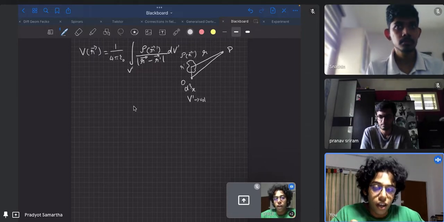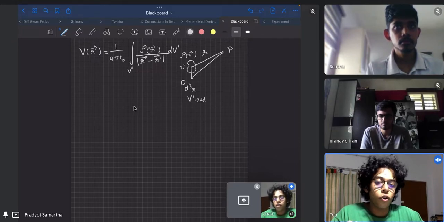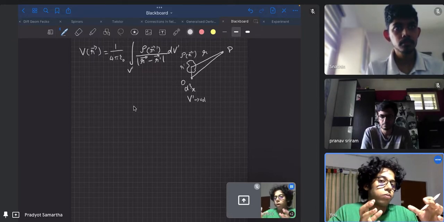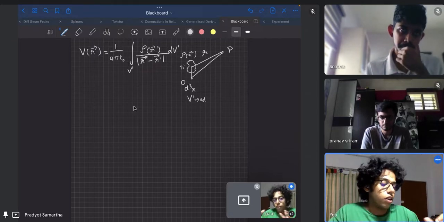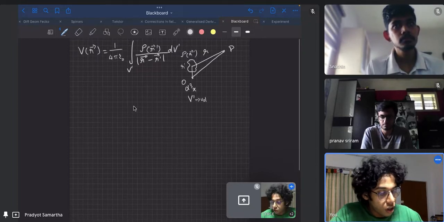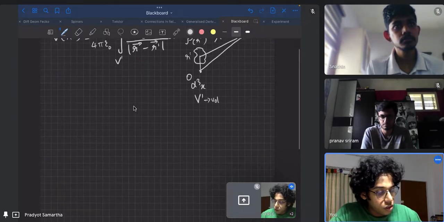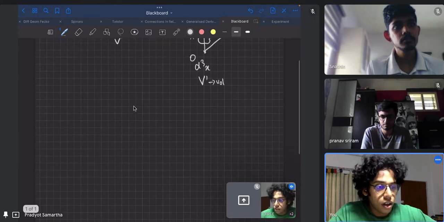As we expand the denominator, it condenses to give you a picture which is the twist waiting in a bit, which gives you more insight into the whole nature of the charge distribution, etc.